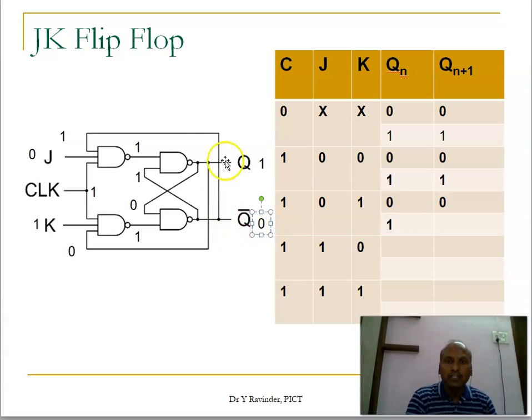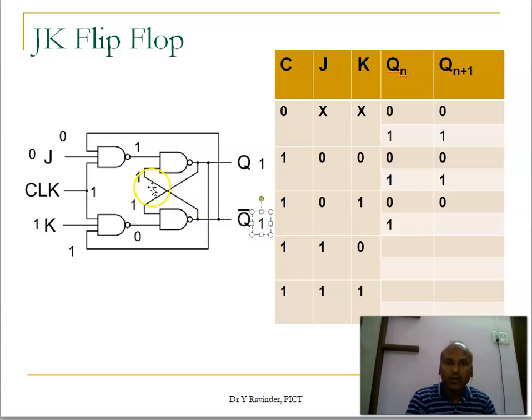By chance, if it was 1, I'll change it to 1 and this is 0. Now this 0 will go here and this 1 goes here. So this is 1, this is 1, this is 1. This becomes 0 and this is 0, this is 0, this is 1. So it becomes 1. Now this is 1 and this is 0. Now if this is 1, this will be 1 here. So 1, 1, 1, 0, this becomes 1.